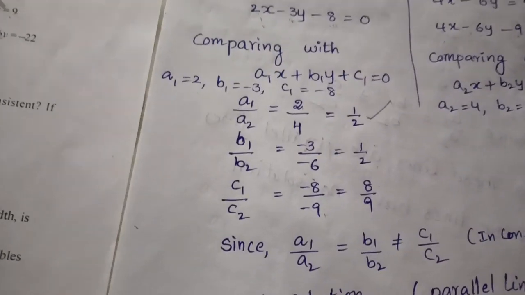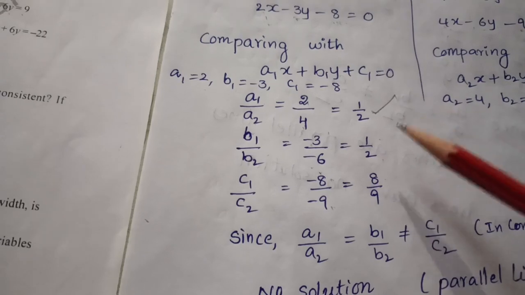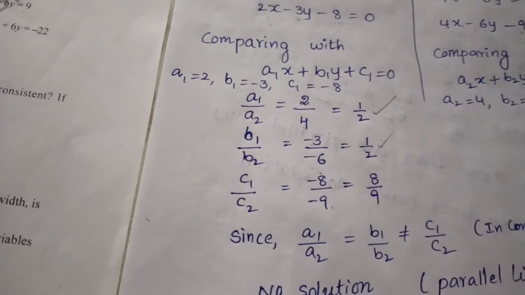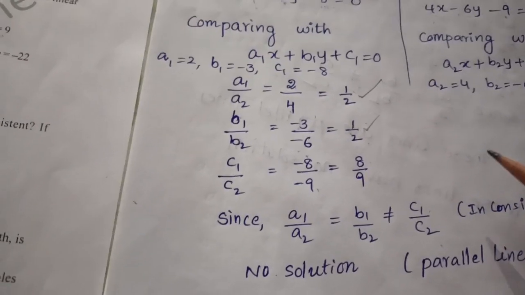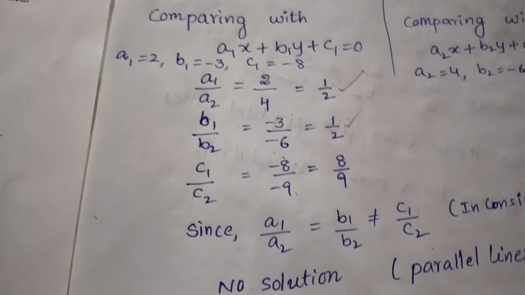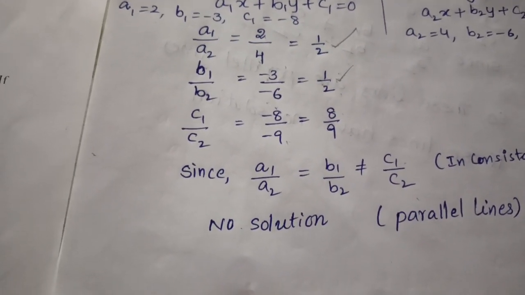Here we observe that A1 by A2, B1 by B2, both values are same, 1 by 2. So A1 by A2 equals B1 by B2 is not equal to C1 by C2. This type of equations are inconsistent or parallel lines. This type of equations have no solutions.